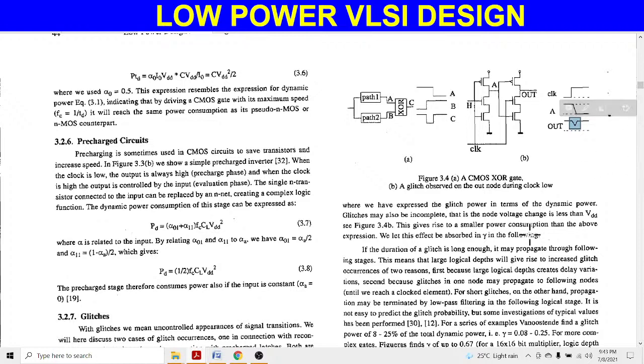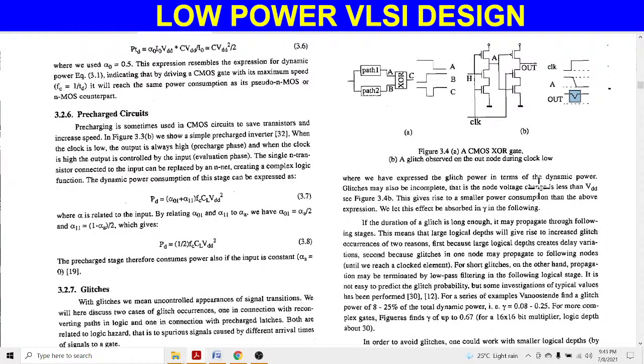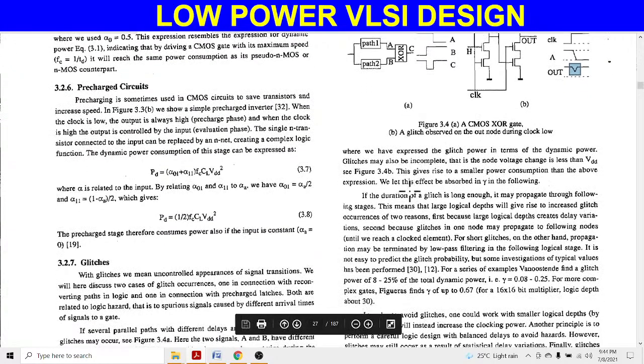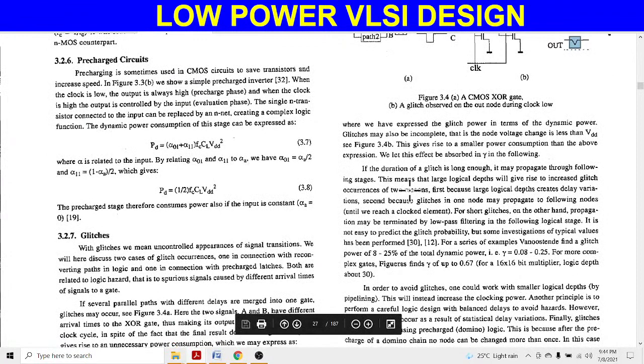This small fluctuation is known as glitches. Small changes, or we can say sudden changes in the output, are known as glitches. It is some kind of noise. It is generally produced due to the mismatch of input pulses at the two input sides of any circuit.